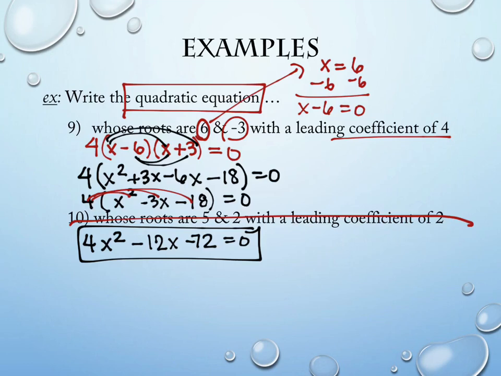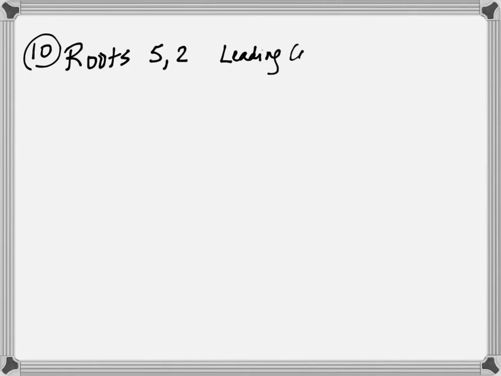Okay, I'm going to go to a blank slide on the next one so that we can do the last problem. On number 10, it says that my roots are 5 and 2, and the leading coefficient is 2. Those are the details from the previous screen.